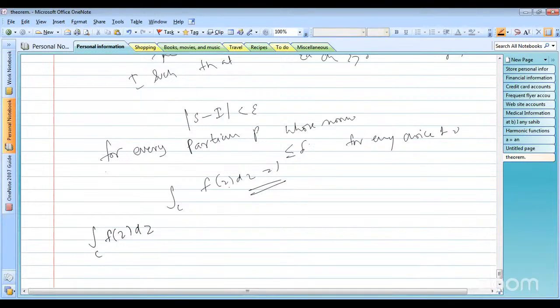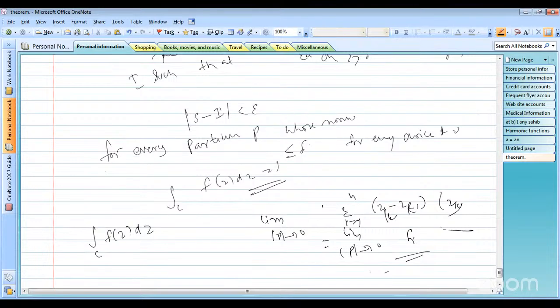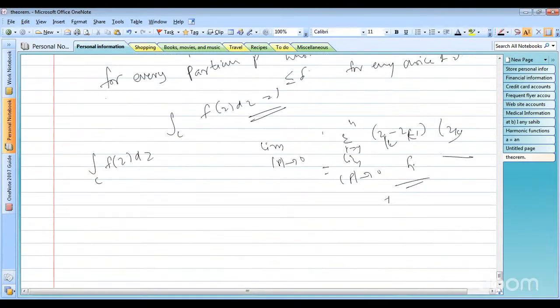You can take the quantity as the limit of norm P tends to 0 of the summation of i equal to 1 to n of f of zeta k into zk minus 1 to zk, because f is integrable, where alpha k is equal to zeta k. Therefore S is called the approximating sum of the integral.